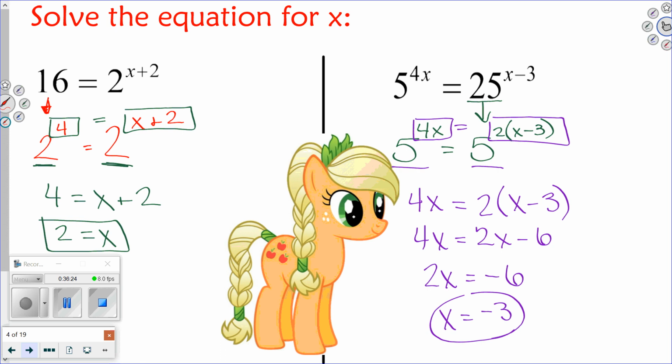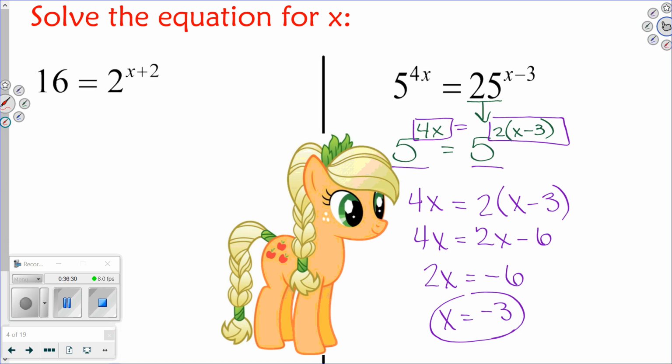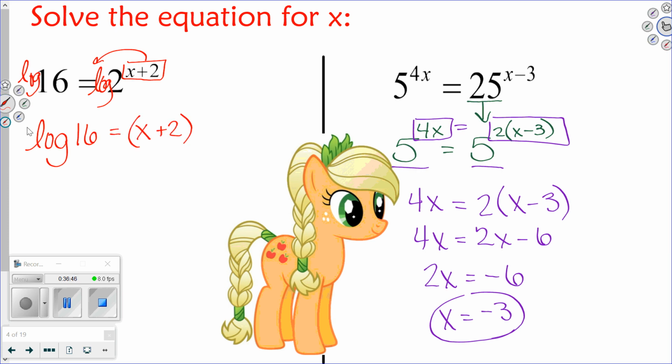So this one's a little more clear. Let's do this one. So this was my problem. Obviously, this is what we did originally, and we had an answer of 2. So let's say I forgot that I could do that, and I just went ahead and wrote the log on both sides. And that would allow me to move this out in the front. So I'll have the log of 16 equals x plus 2, and then the log of 2. Properties allow me to move that out in the front.